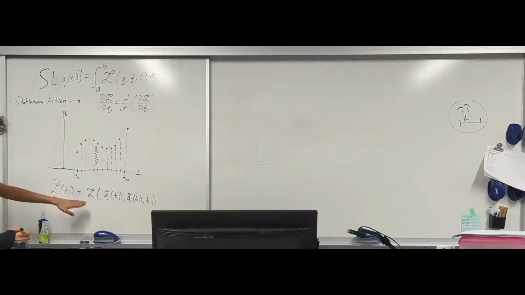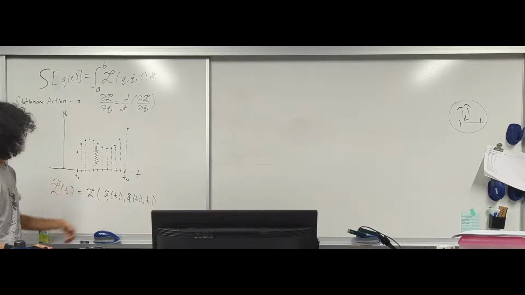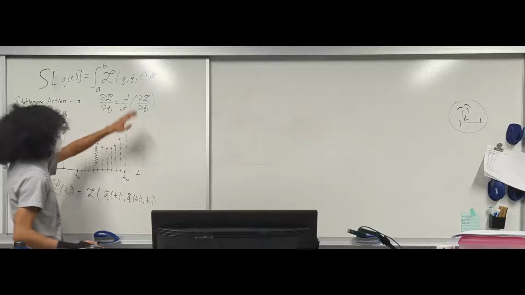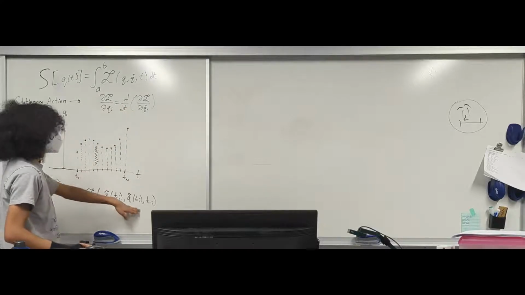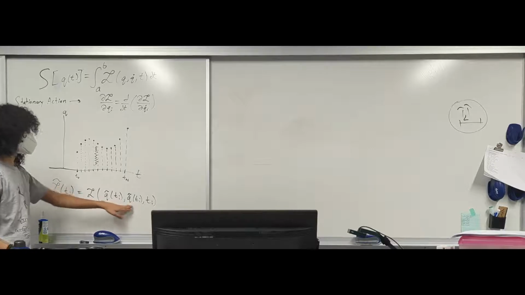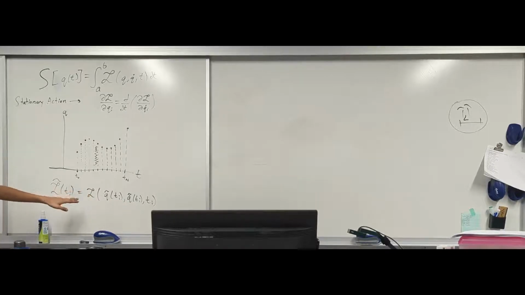We can do that by considering what the average position and average velocity are. So consider what these average things are, and then put those into the Lagrangian, and that gives us an idea of what the Lagrangian is in this small time interval.